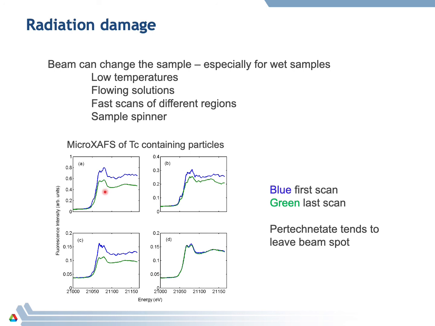Somehow it's migrating away from the beam area. It turns out that what we're losing is the pertechnetate part of the sample, so you can see we've lost this pre-edge feature here. The pertechnetate is apparently much more mobile and for whatever reason moves away from the beam. You can see that in various cases here. The one sample which didn't have any pertechnetate didn't show any real radiation damage. So this is just an example of what can happen.